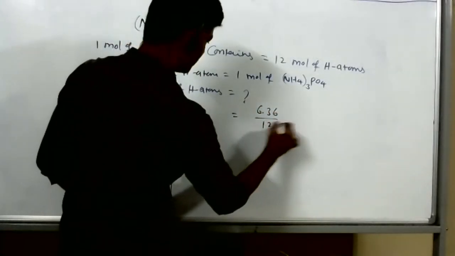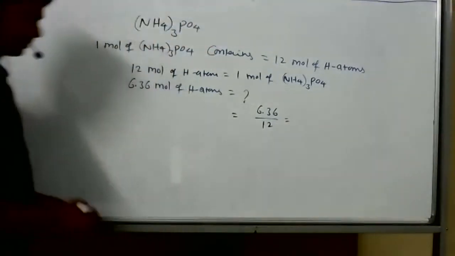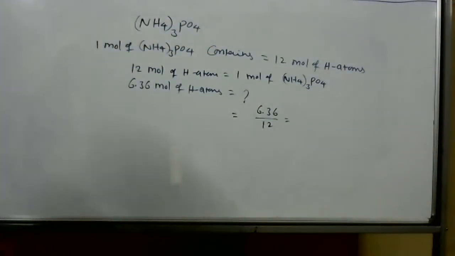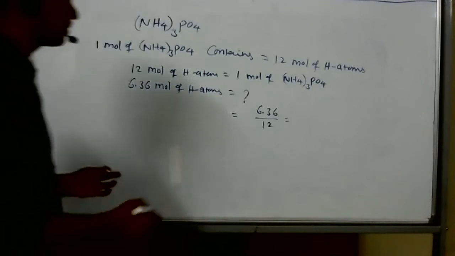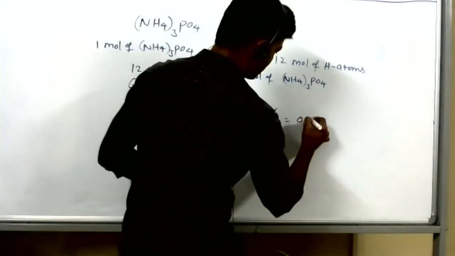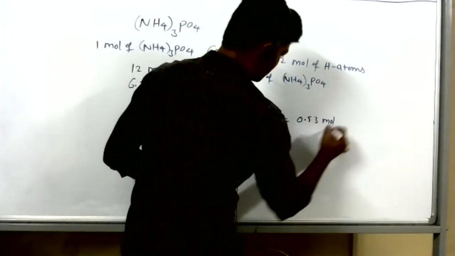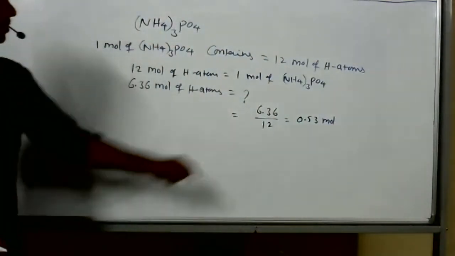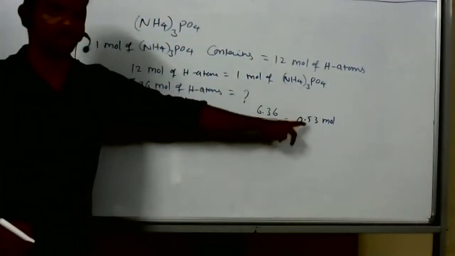6.36 divided by 12 is 0.53 mole. So 0.53 mole of ammonium phosphate we have now.